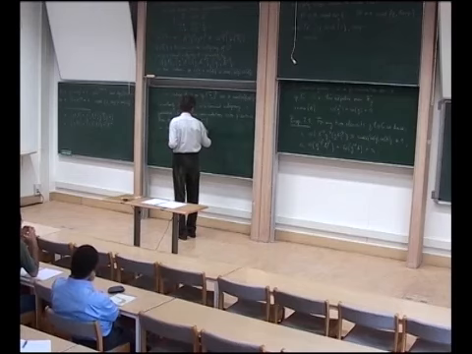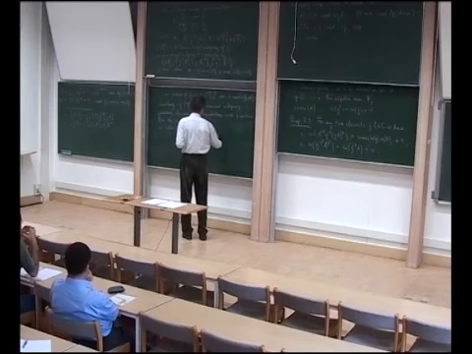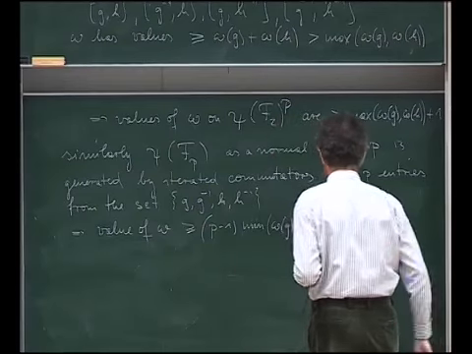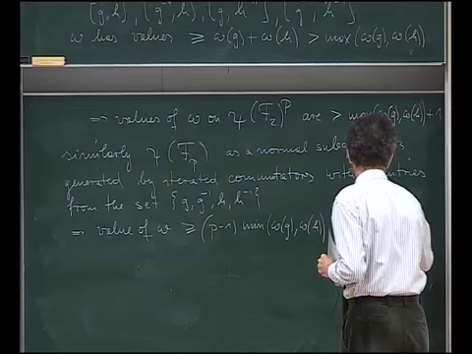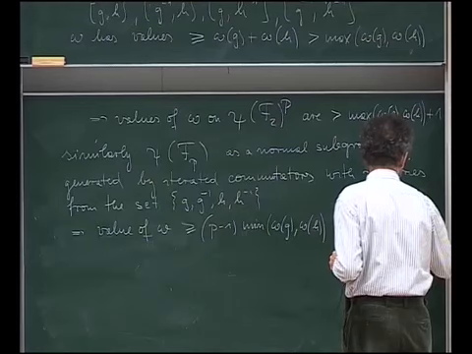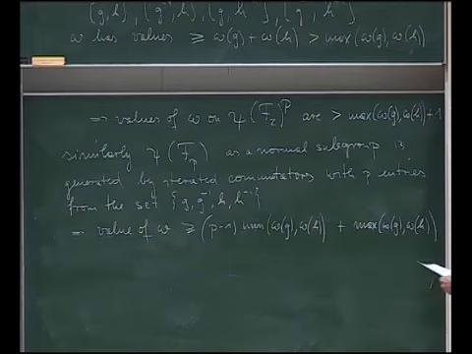I don't know which one is the minimal one. But the worst that can happen is that I have p minus 1 times the minimal one. So it's p minus 1 times the minimum of omega g and omega h, and I have once the maximum.